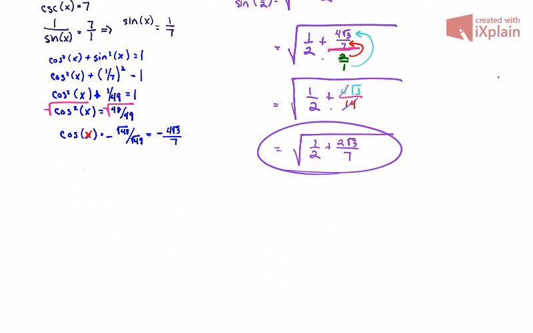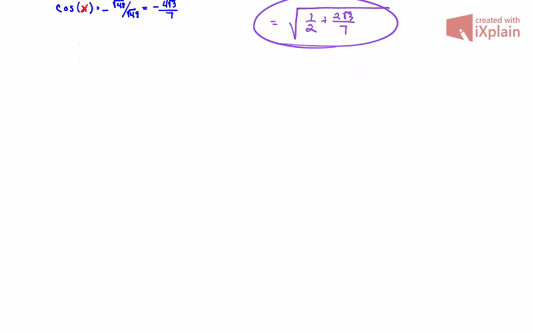Let's go ahead and go a little bit further with this. And we're going to work to solve the cosine of x over 2. Okay. We also have a half angle identity for this one.